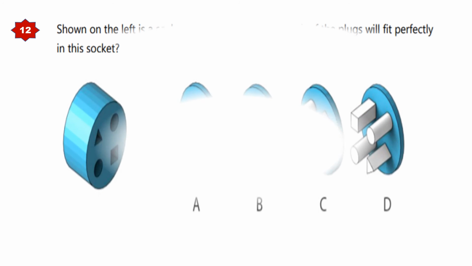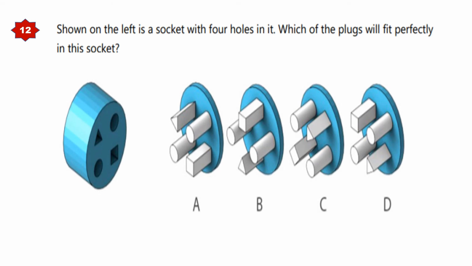Now, 12th question. Here, shown on the left is a socket with four holes on it. Okay, which of the plugs will fit perfectly in this socket? It is easy. According to this, we have to see the shapes. Triangle. This one here we have a triangle.